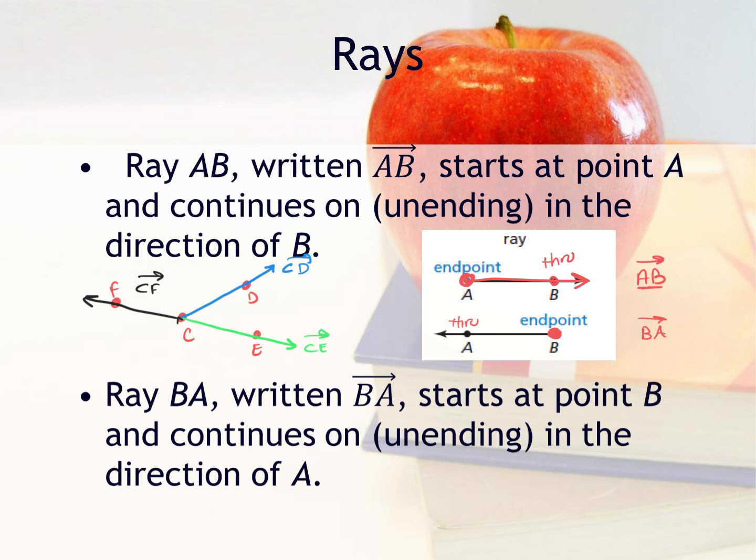And notice that while they start at the same point, point C, the points they go through really determine the direction in which my ray travels. And so it really matters to be specific. So even though we say point C is the starting point, it doesn't matter here if something is a starting point or an end point. We call them all endpoints. So point C is your endpoint, and then the point it goes through must be listed next.